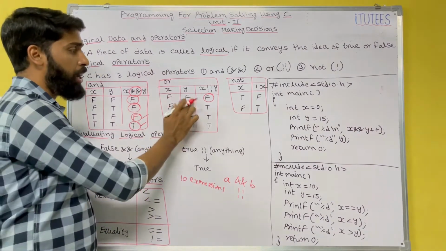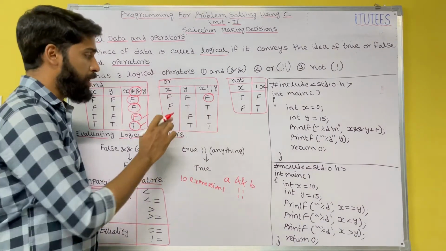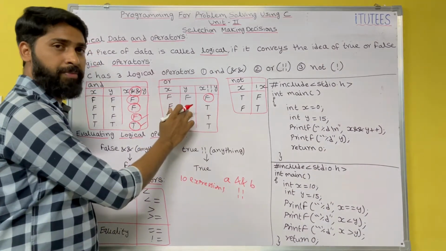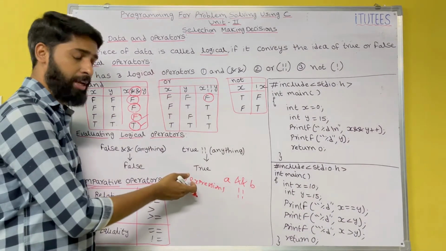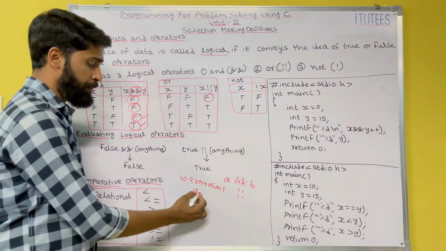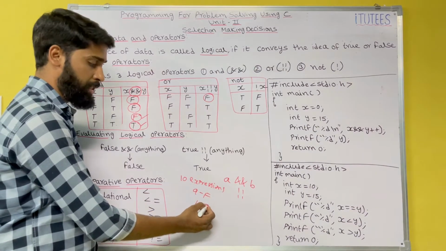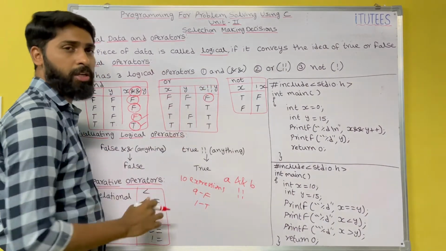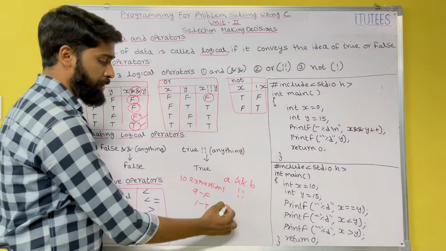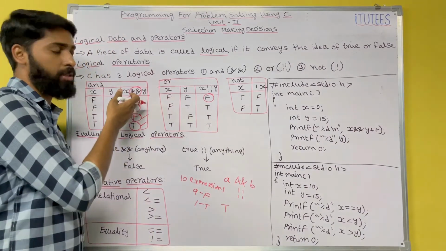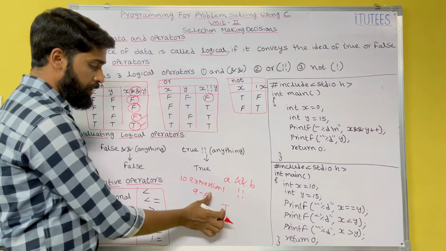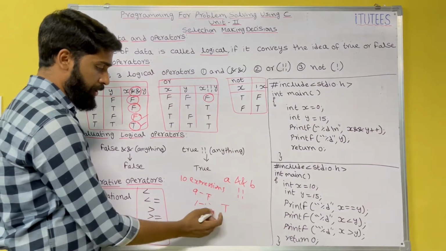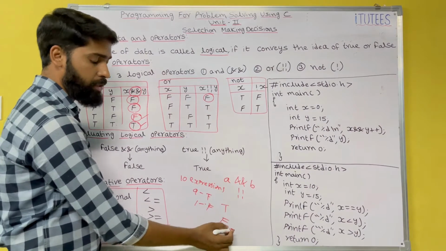Coming to OR, if one of the expressions is true, then the entire expression will be true. Same example, 10 expressions: 9 expressions are false and only one is true. If you are using the logical OR operator, then the entire expression will be true. With the logical AND operation, 9 trues and 1 false, you still get false.